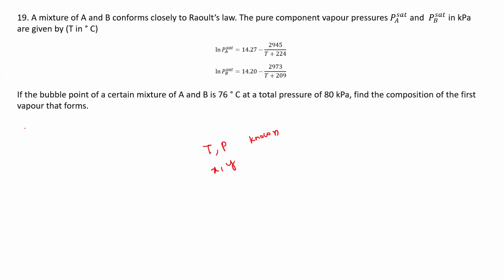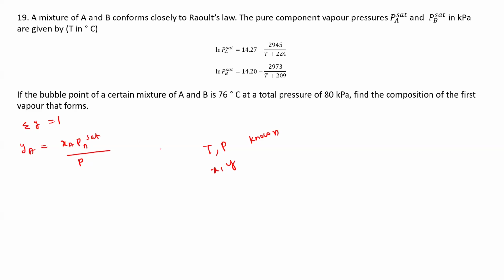Now I am considering sigma y equals 1, so I will be expressing y in terms of x. So YA equals XA PA sat by P. What do we have? First XA, I don't know. PA sat and P I should know.